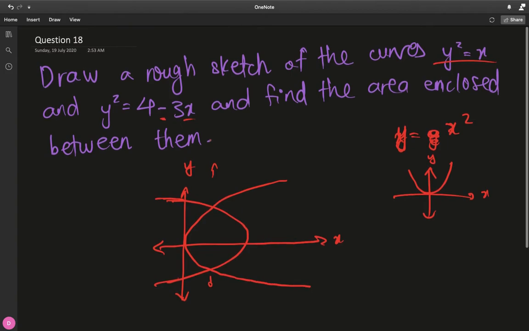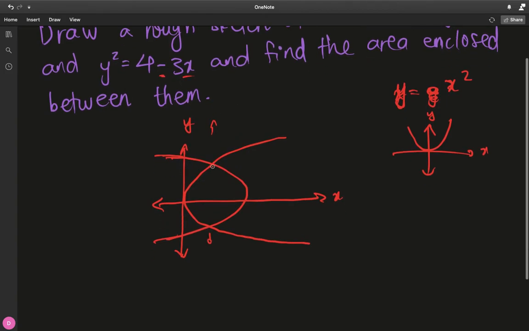They're telling us to integrate and find the area enclosed between these. So between this point and this point, the area enclosed is this region I've shaded.